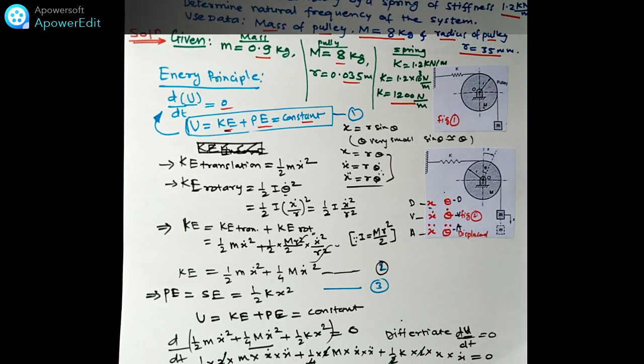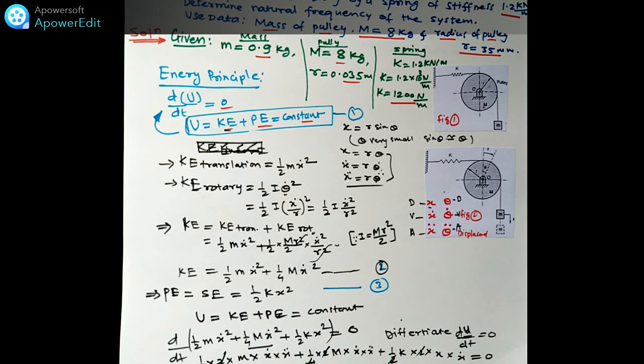As this total equation has x dot, which is not equal to 0, we can cancel this x dot. Again we rewrite this equation: m x double dot plus M by 2 x double dot plus k x is equal to 0.